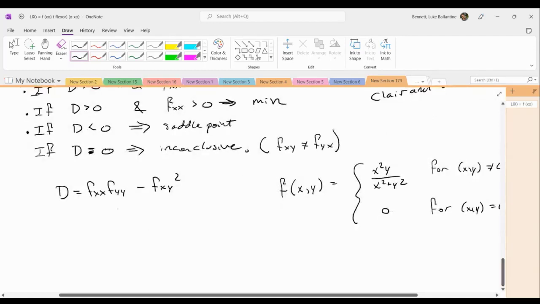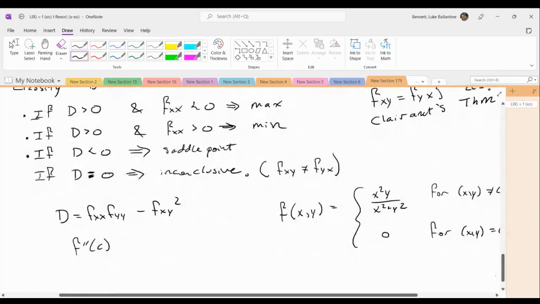So first, the second derivative test. If c is a critical point, so f prime of c is 0, and f double prime of c is greater than 0, then is this a max or a min?